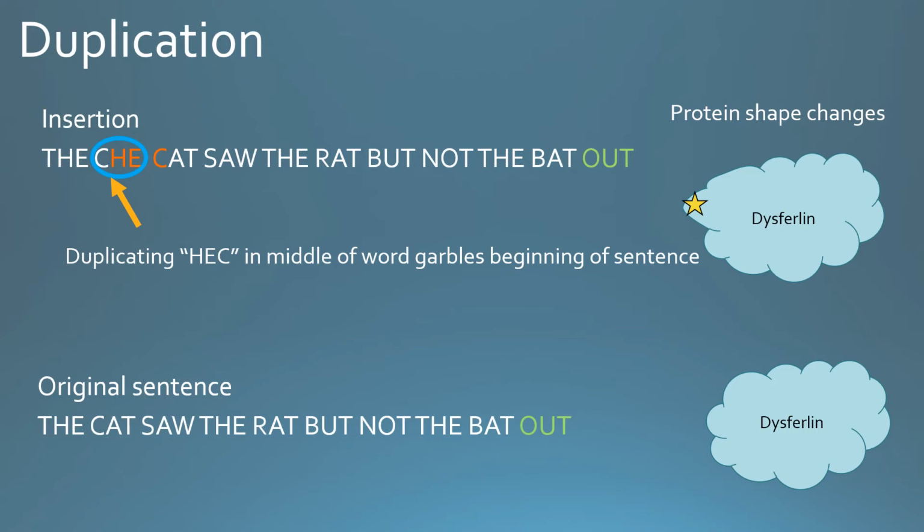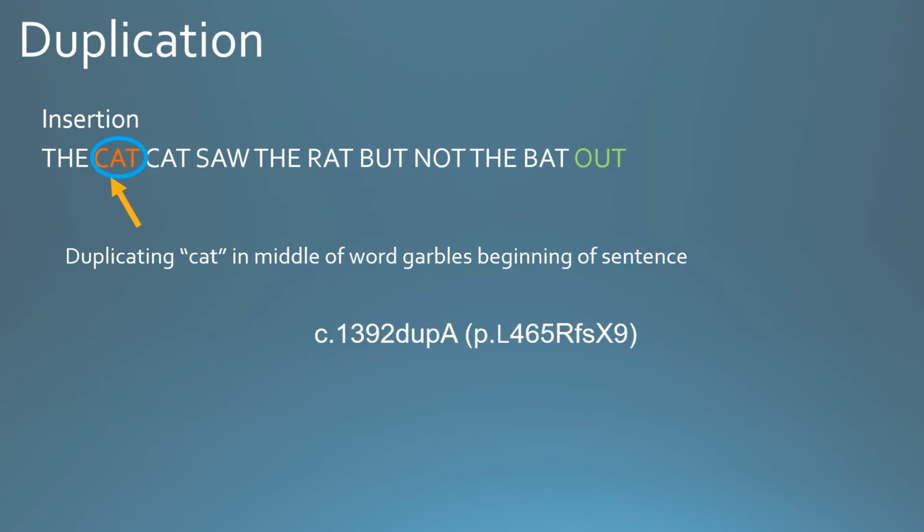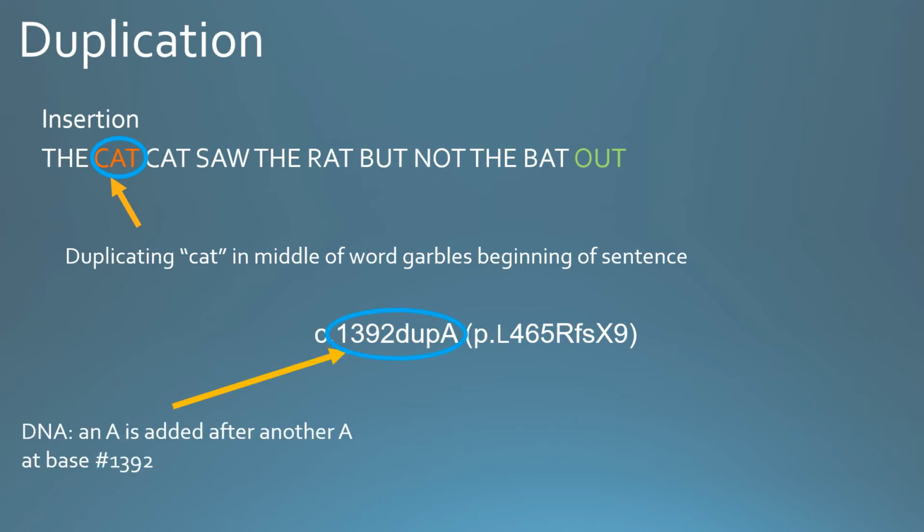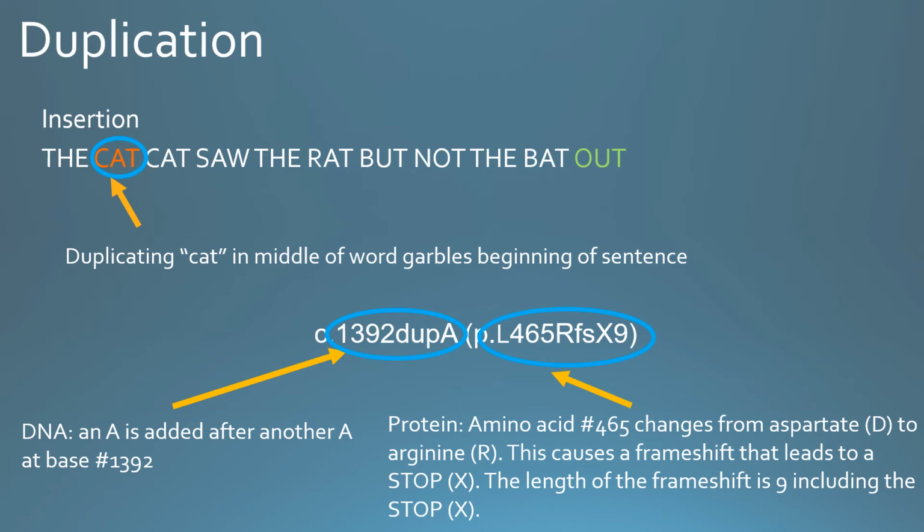Out of frame means that it's not a multiple of 3. And in the real DNA example, we're just duplicating an A in a certain position, which again causes a frameshift, changes the amino acid, and then causes a downstream stop codon.